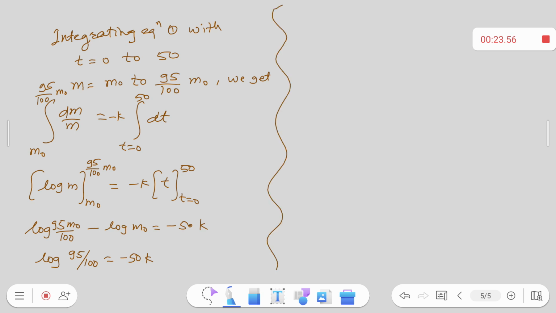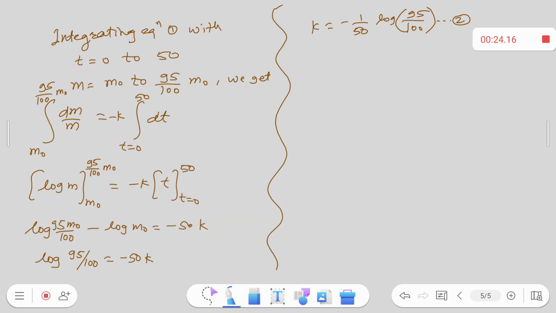So from this we get k is equal to minus 1 by 50 log of 95 by 100. So equation 2. Okay. So by using first two limits, here we have unknown k is equal to minus 1 by 50 log of 95 by 100.